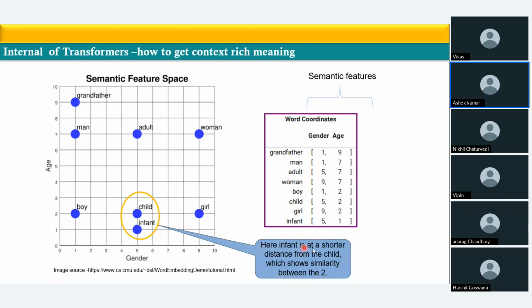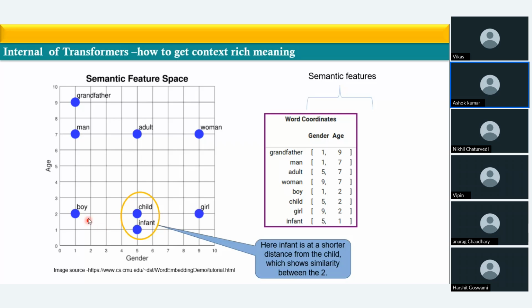Now, here the infant is at a shorter distance from the child, which shows similarity between the two. In the previous example, Narendra Modi is the Prime Minister of India.